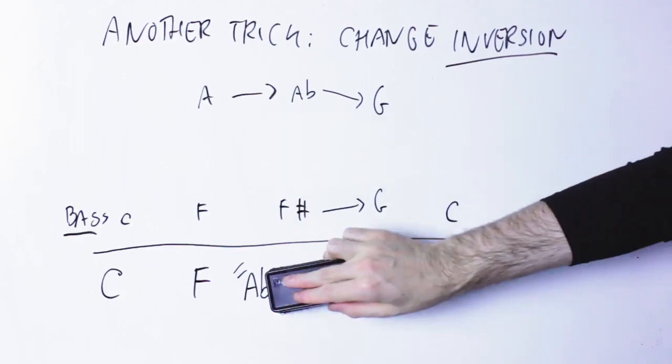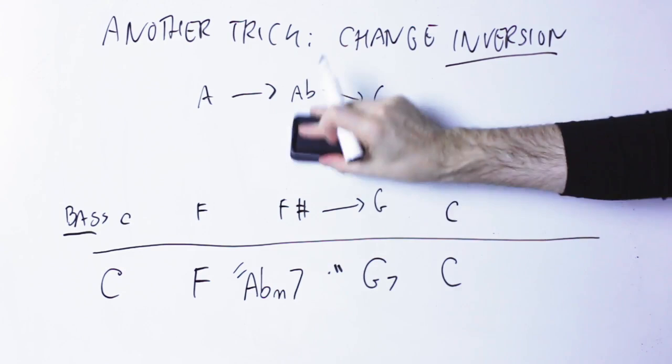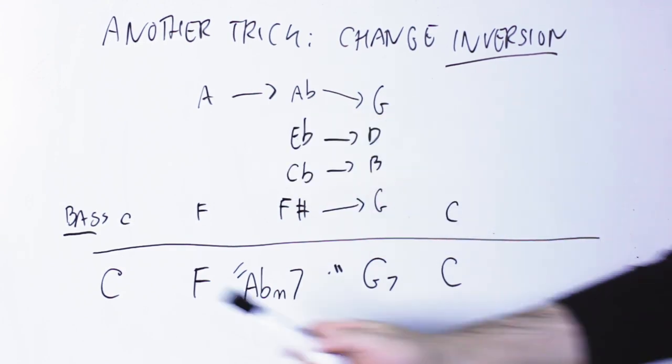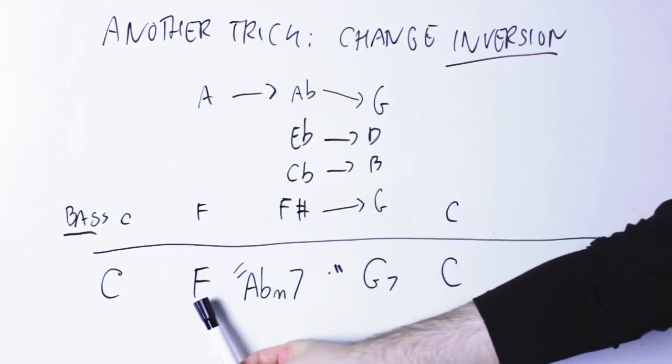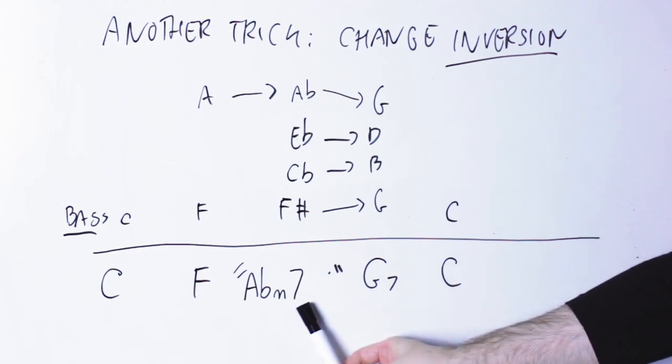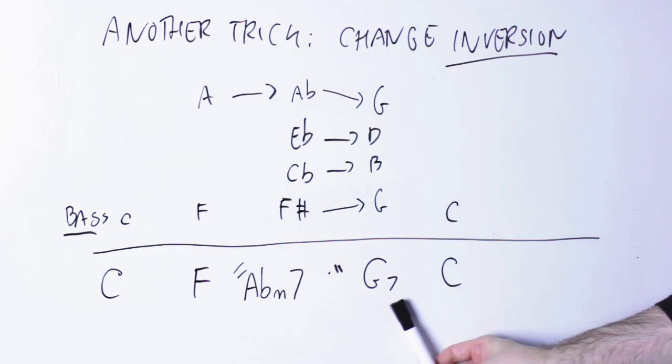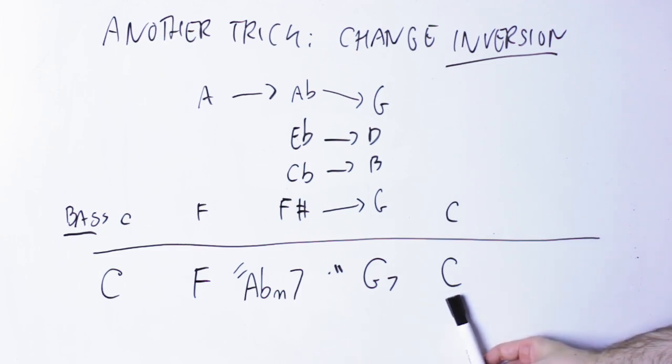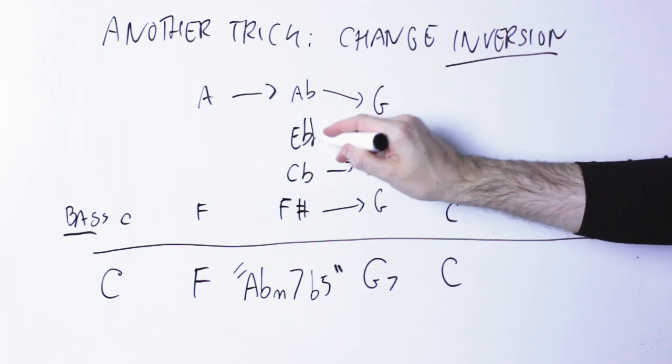What happens if I'm playing an A flat minor 7th instead? Personally, I like this a little bit less. I preferred the A flat minor 7th much better when it was in root position with the A flat at the bass.